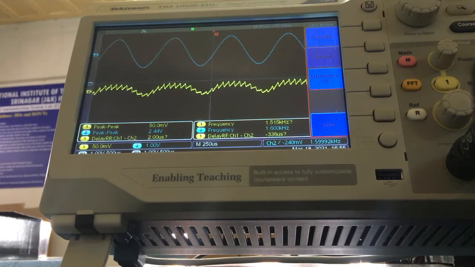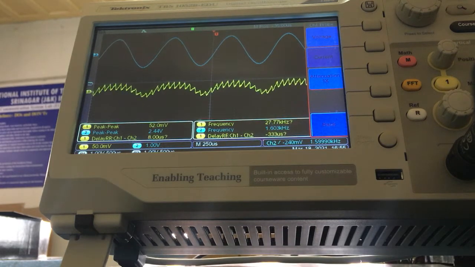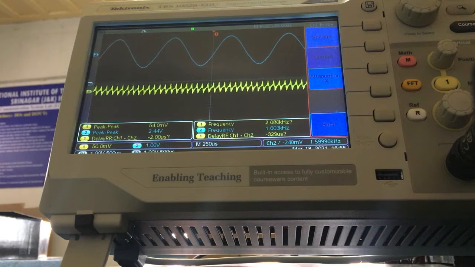But for the diode detector, we can change the resistance, a variable resistance potentiometer, in order to see the envelope detection process. Now as I change the potentiometer, if I increase the resistance, you can see this is at the highest resistance level. If I reduce it, you can see the change.